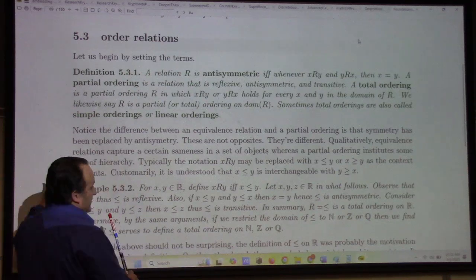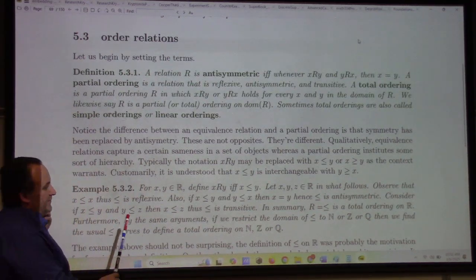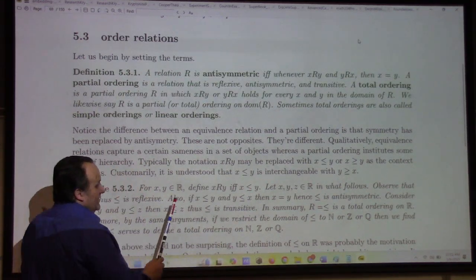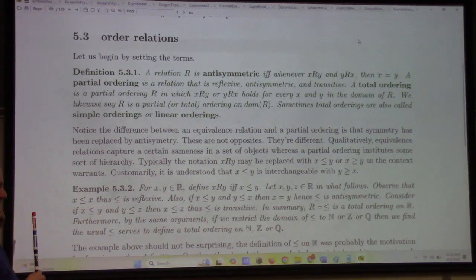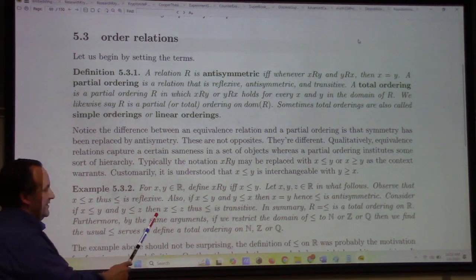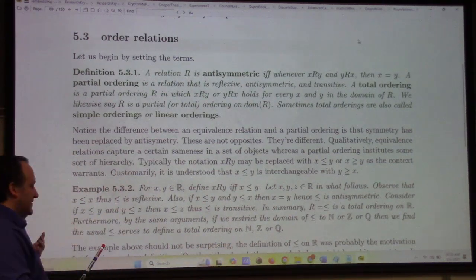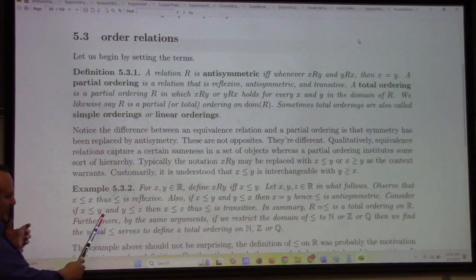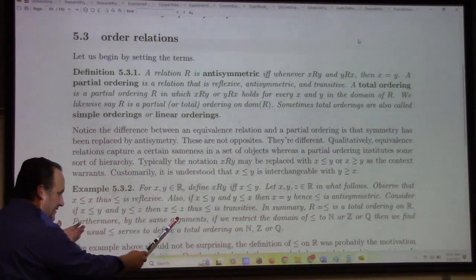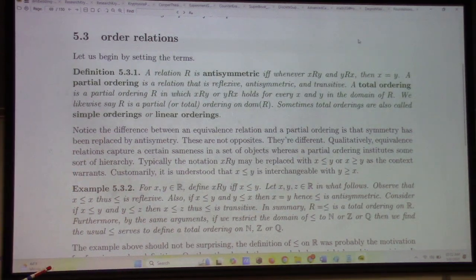And so this example right here just points out that less than or equal to is in fact antisymmetric, because if we have x less than or equal to y and y less than or equal to x, that forces x equal to y. And it's also transitive, of course, because if x is less than or equal to y and y is less than or equal to z, then x is less than or equal to z. But it's not symmetric, is it? So this is not an equivalence relation.